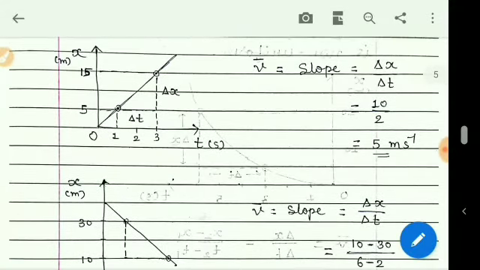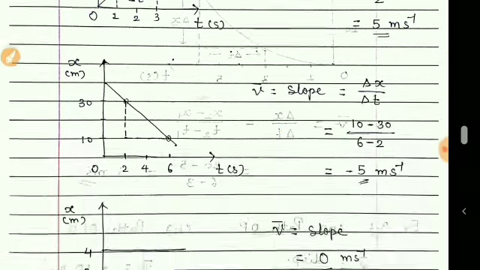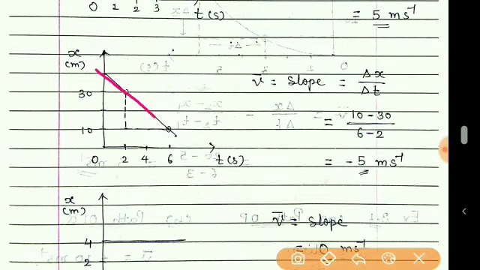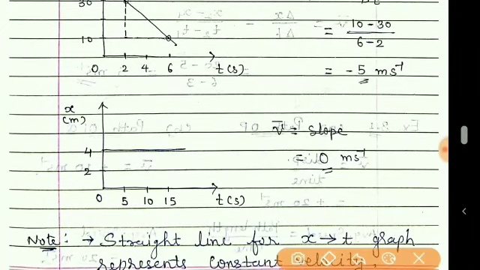Once again we will do a quick revision. If the slope is upward, the velocity will be positive. If the slope is downward, velocity will be negative. And if there is no slope, meaning the line is horizontal, then in that case the velocity is 0. So velocity can be positive, negative, or 0.